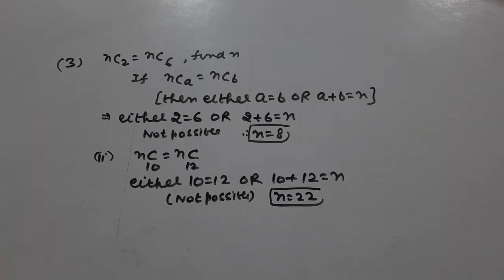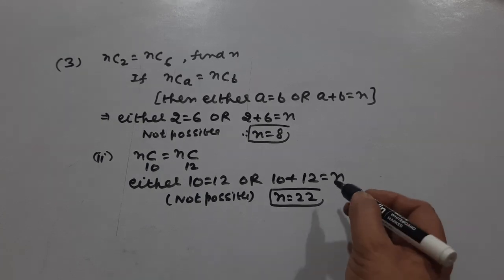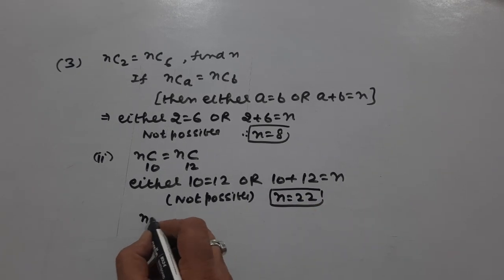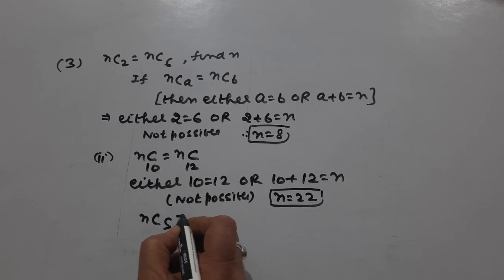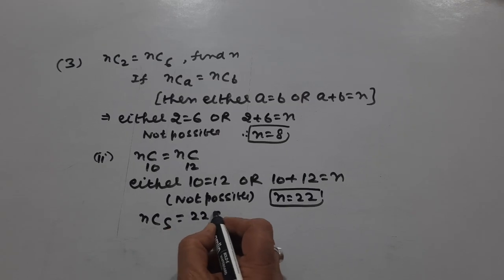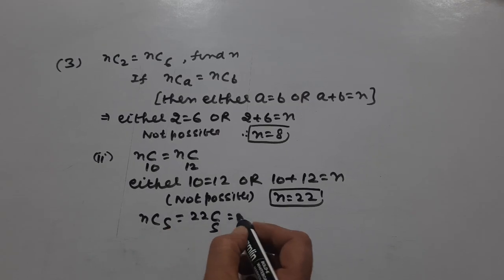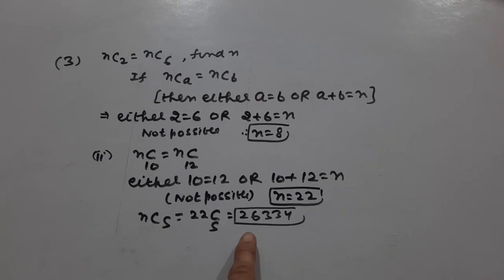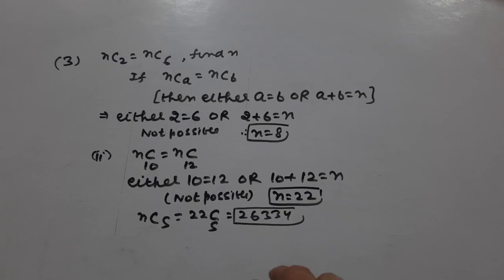Now we have to calculate nC5, and we have n is 22, so 22C5, and on calculating this is equal to 26334.